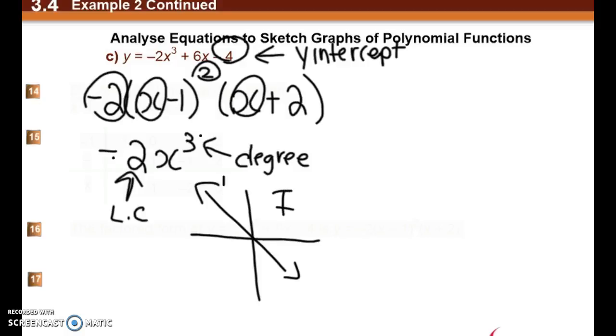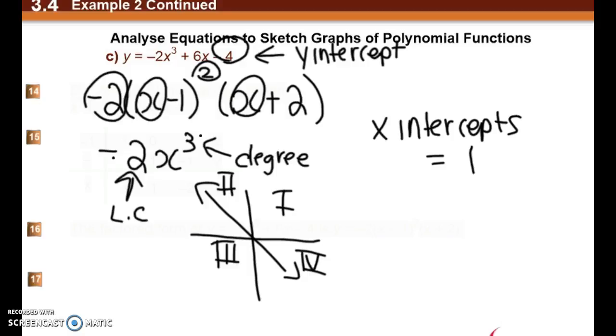Remember, so this is from quadrant 2 to quadrant 4. And the zeros for this one, so our x-intercepts are 1 and minus 2. And the multiplicity for the 1 is 2.